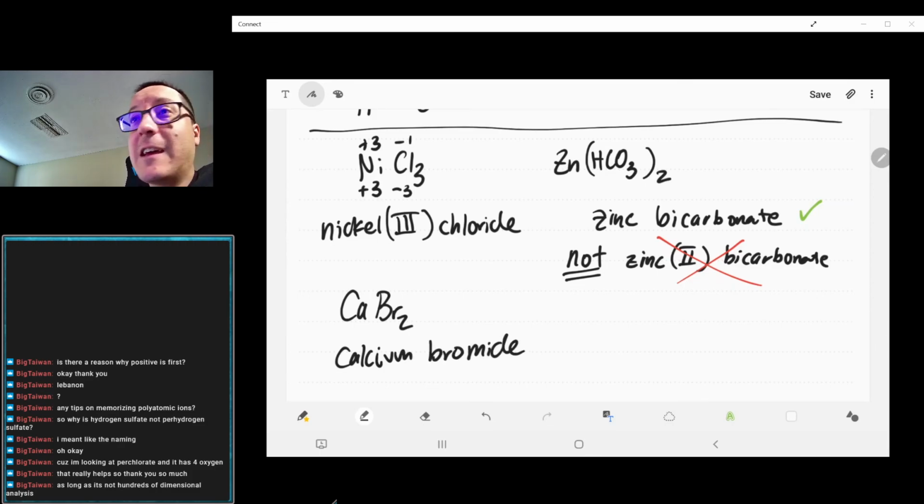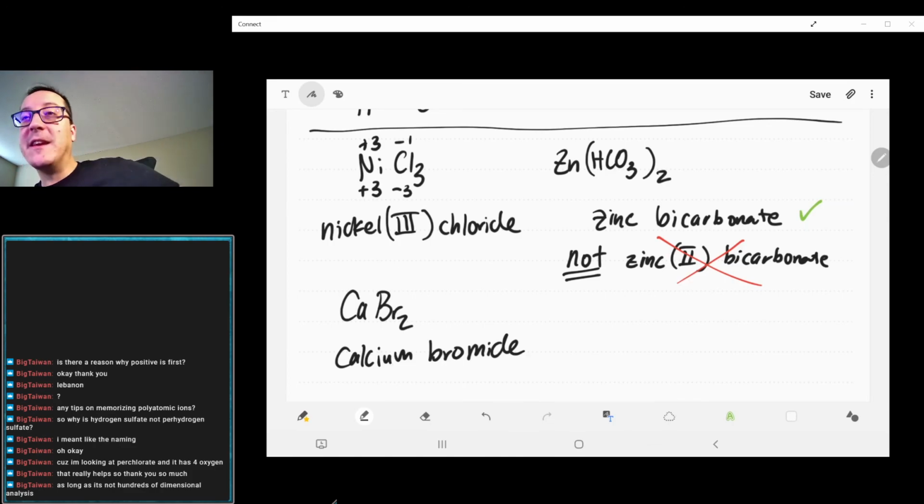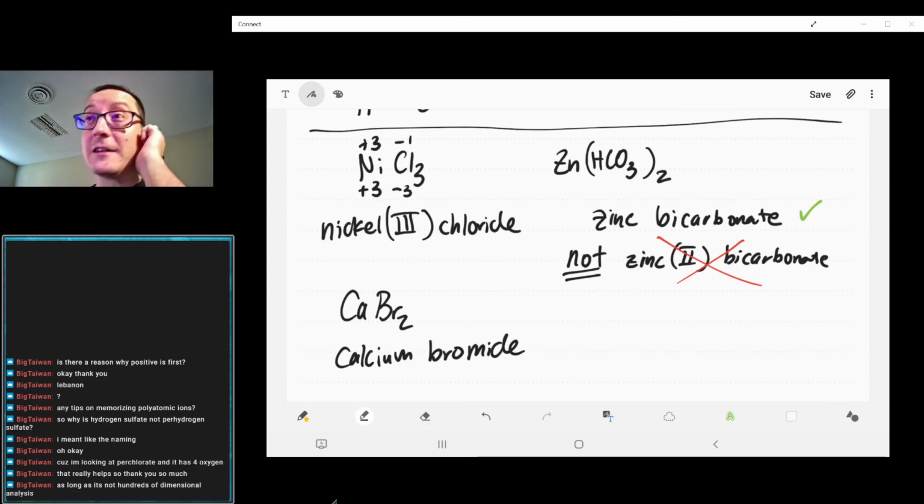We do not say calcium 2 bromide. Chemists are very much against having extra information. We don't like redundancy. So calcium is understood that it always has a +2 charge. So we do not ever write calcium 2 bromide. We just say calcium bromide.